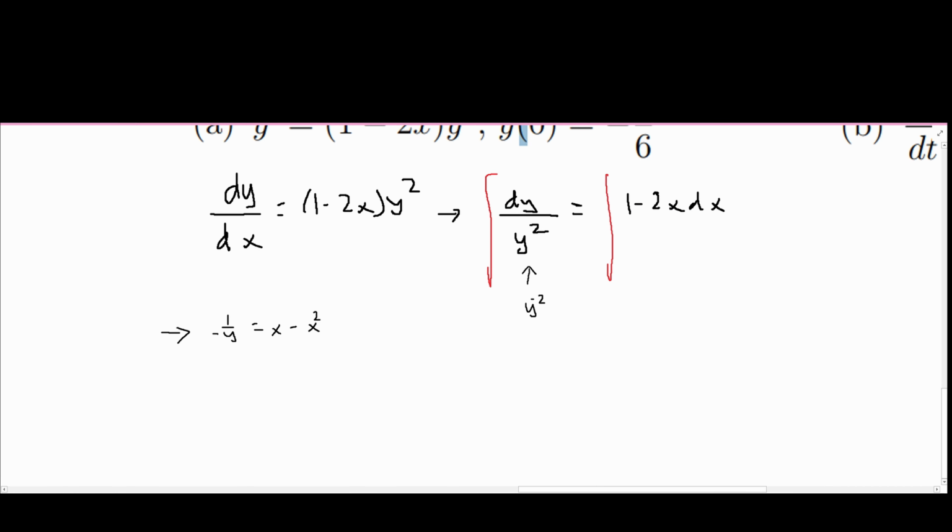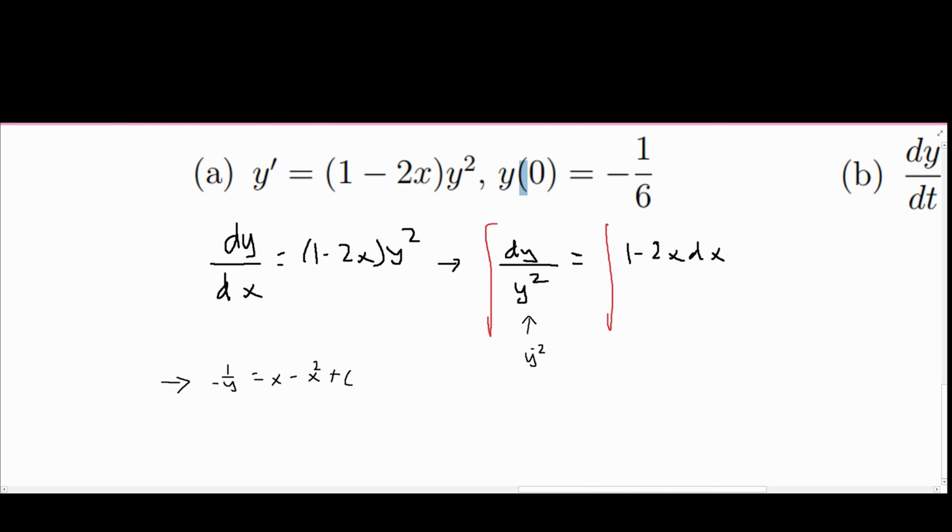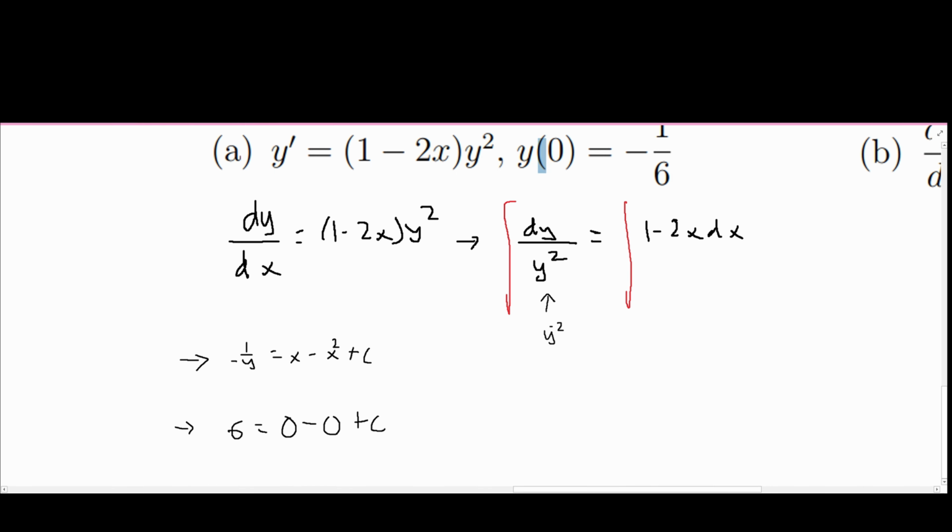After taking the integral of both sides, we have 1 over negative y is equal to x minus x squared plus c. Now we can plug in our x and y values. Plugging in negative 1/6 for y, we get 6 on the left side, and plugging in 0 for x, we get c on the right side. So that means c is equal to 6.